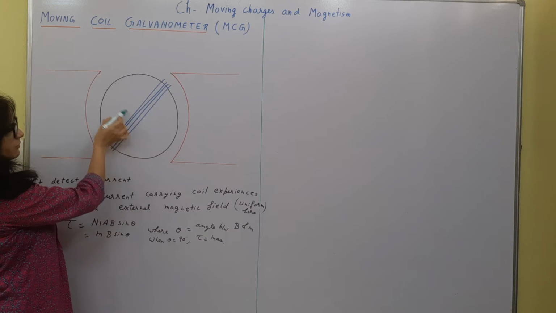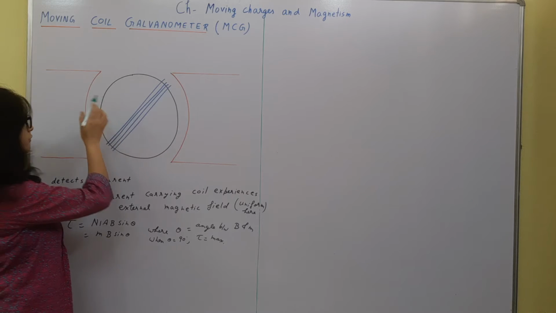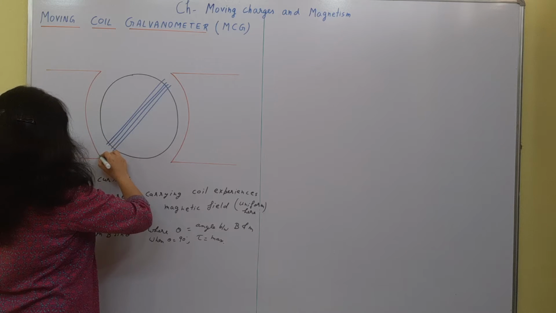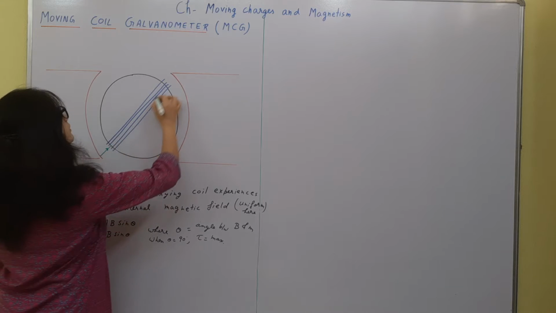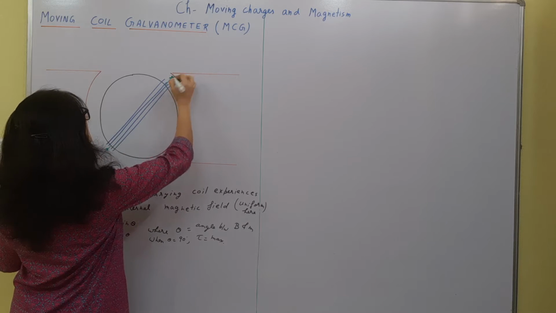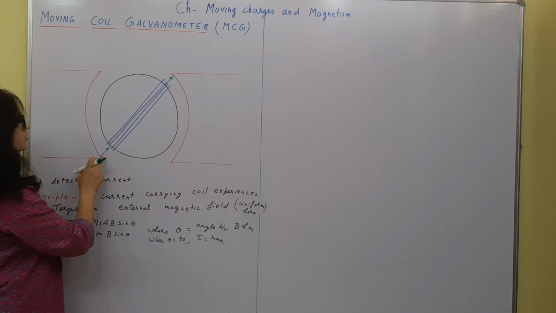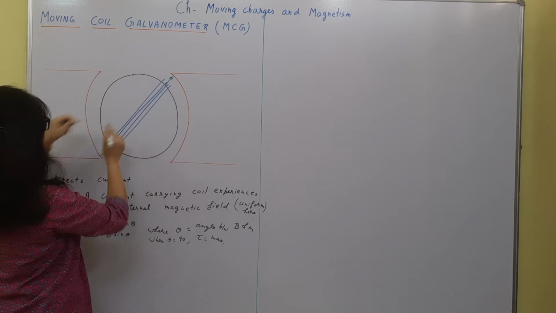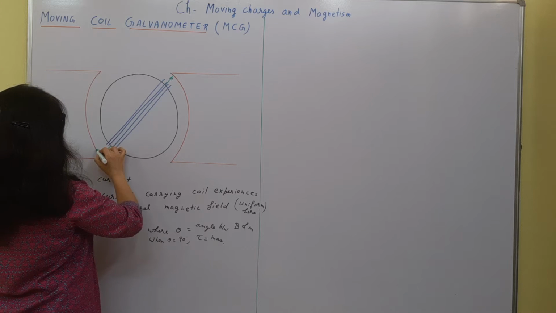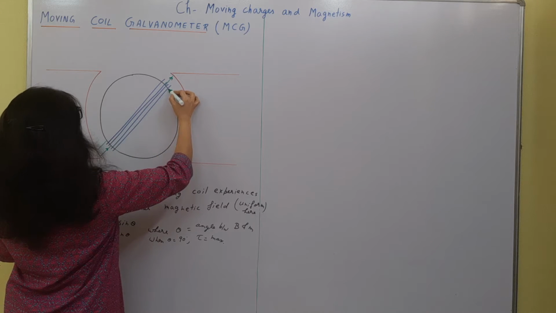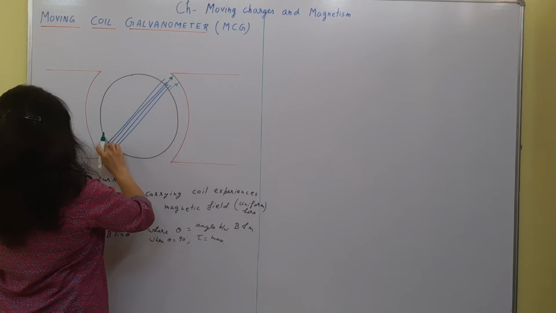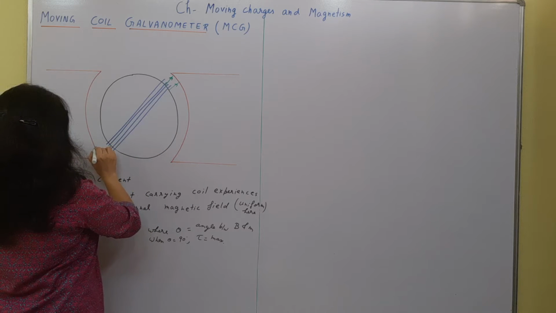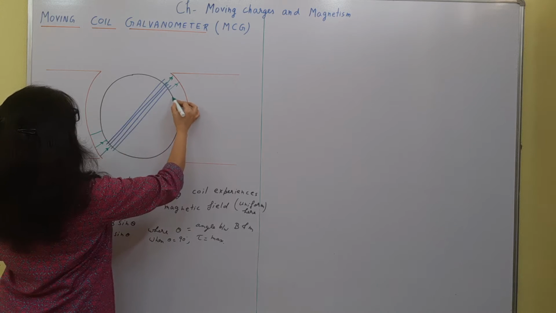Magnetic moment is normal to the plane of the coil. So if I draw this magnetic field line in this orientation, this will be perpendicular to the magnetic moment, and for every orientation of the coil there will be some magnetic field which will be perpendicular to the magnetic moment of the coil.